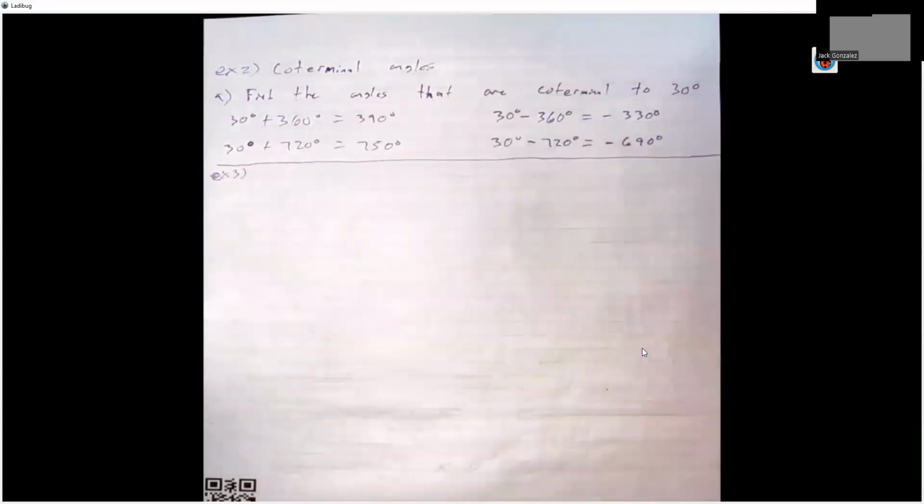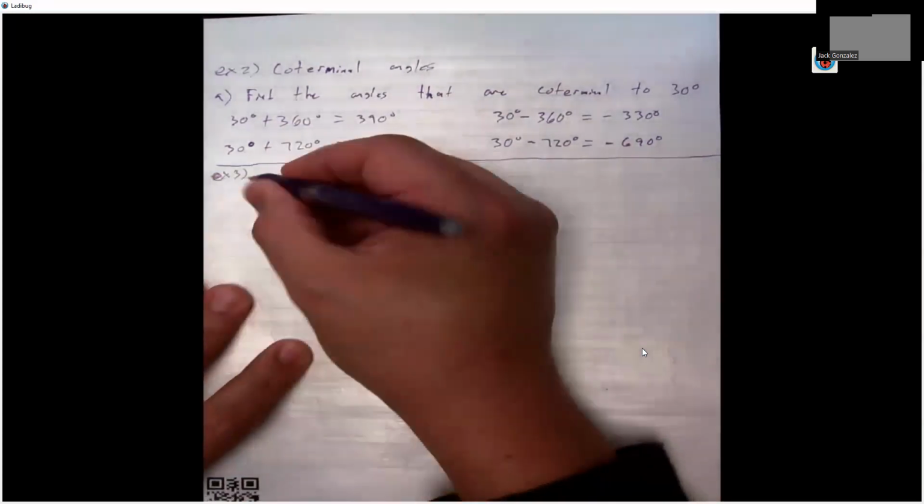So yeah, first we'll start off with conversions on the homework, and they'll ask about coterminal for a little bit, and then they get to the word problems, which is this section.